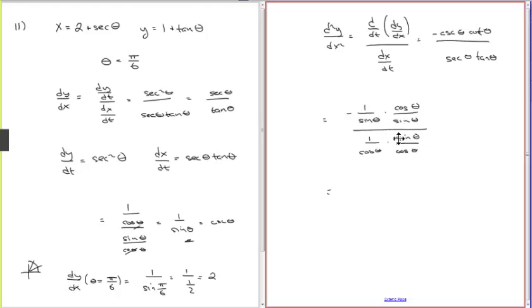And we can take the reciprocal of these and multiply them, get them all in one level. So we have the numerator, and then we're going to take the reciprocal of the denominator. So we get cosine of theta over 1 times cosine of theta over sine of theta.